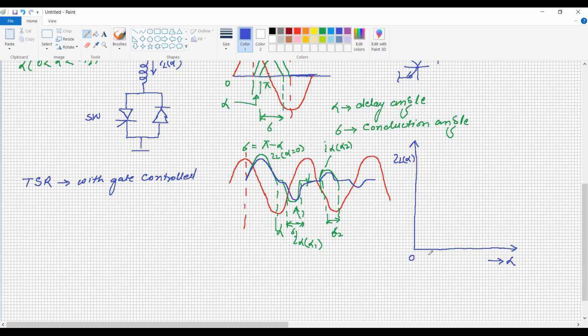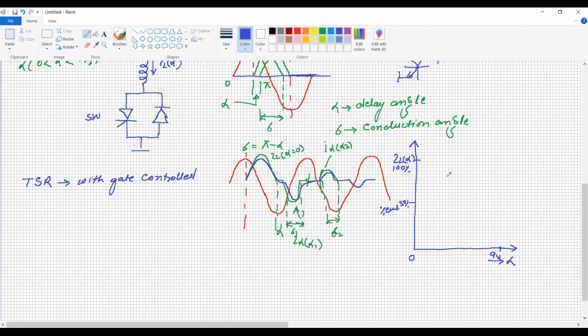Say this is 0. We are going to vary from 0 to 90 degrees, isn't it? So here we are increasing 10, 20, 30, 40, up to 90 degrees. And similarly, the percentage current is 100%, 50% and so on.